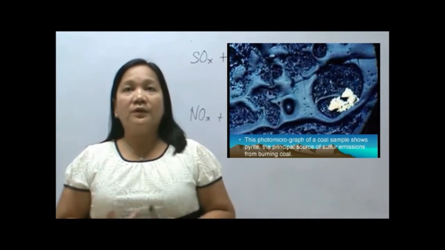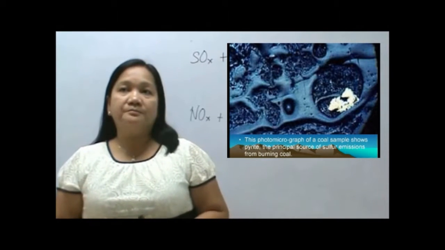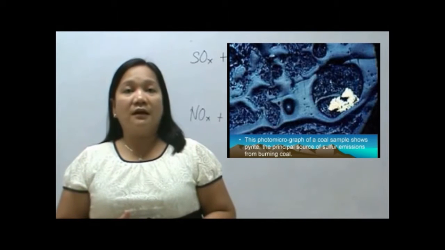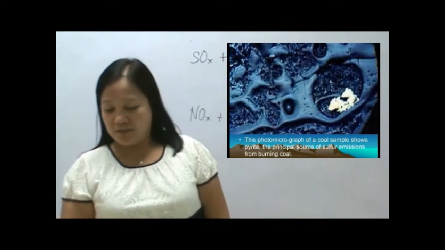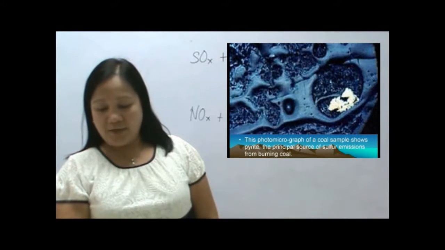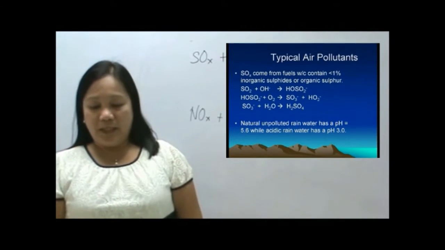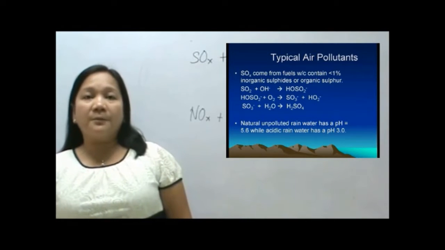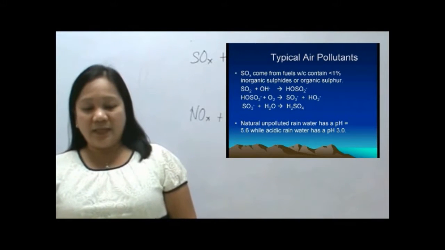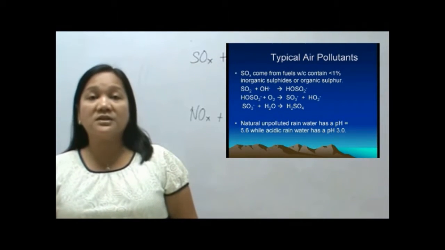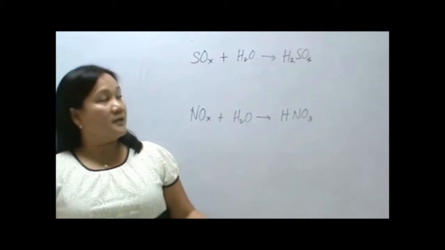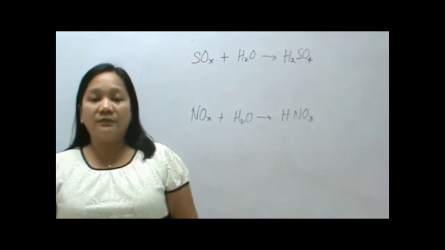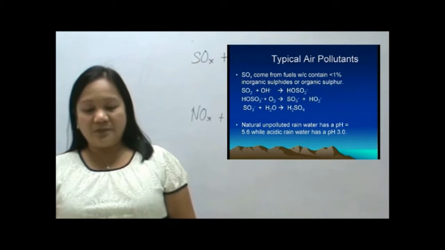And then number two, you have to also ensure reduction of SOx emission with that correct ratio of low-grade and high-grade coal. Now, in this PowerPoint slide, you can see the specific reactions that would occur when SOx as well as NOx react with water vapor in the atmosphere.